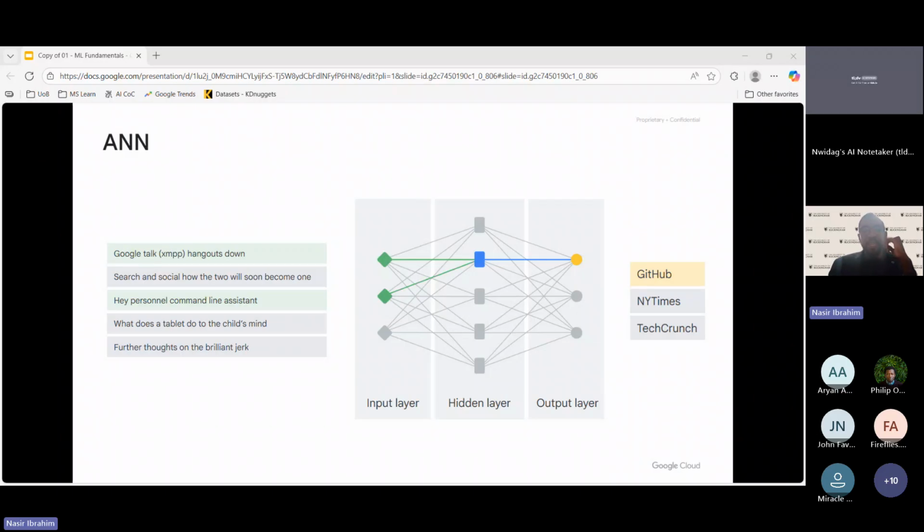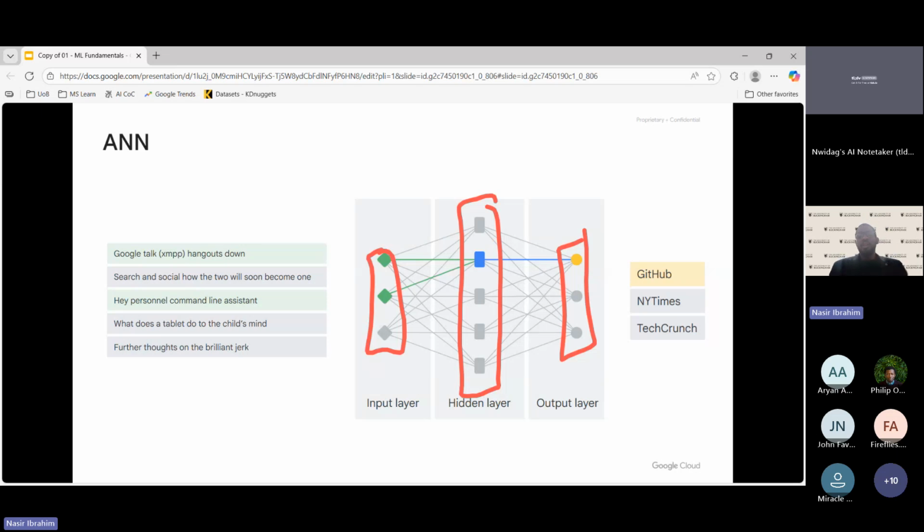Now, in addition to that, in each layer, you have what are called neurons, okay? You have neurons. So in the input layer, for example, we have 3 in this case, in the output layer, we have 3 as well, and in the hidden layer, we have 5 as well. Okay.